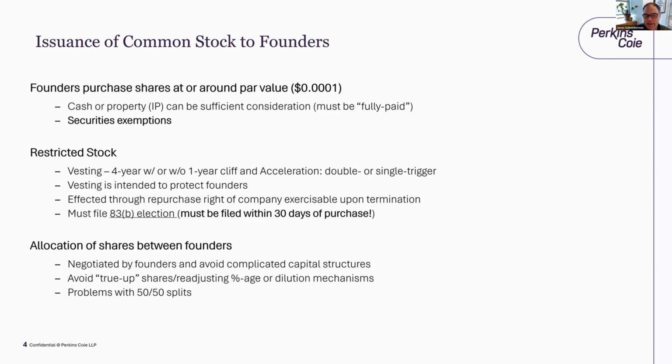And I just want to flag here, whenever you issue securities, that's founder shares to yourself, or an option plan, or stock options to employees, or a SAFE to investors, those are all securities, and you need to find a securities exemption for those. There's one for the founders because they're all knowledgeable about the business and they're accredited under that CEO, director, founder exemption.